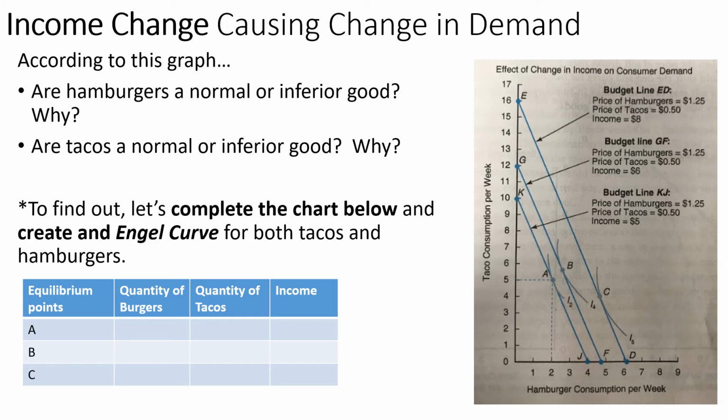So what we have here are 3 different budget lines, with 3 different equilibriums, point A, point B, and point C. So let's figure out how consumer demand of hamburgers and tacos is changed with increasing and decreasing budget line.